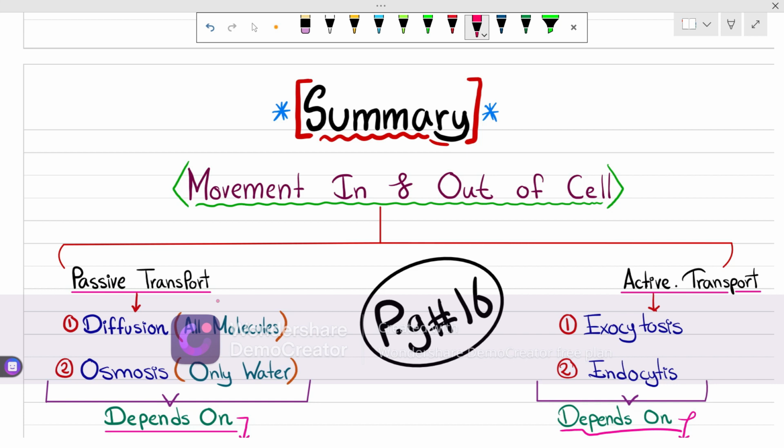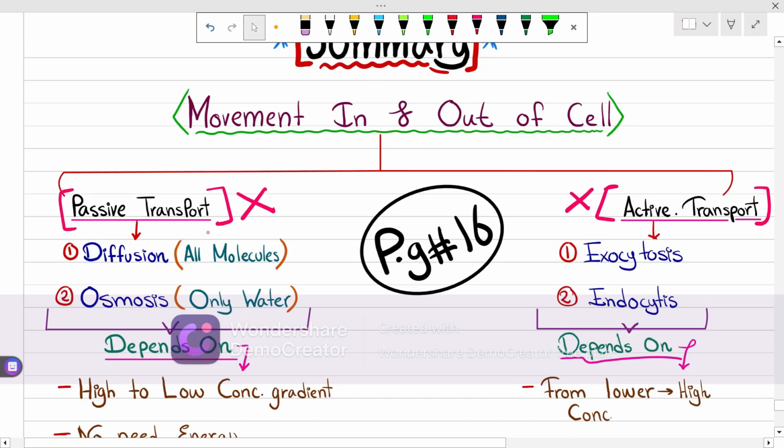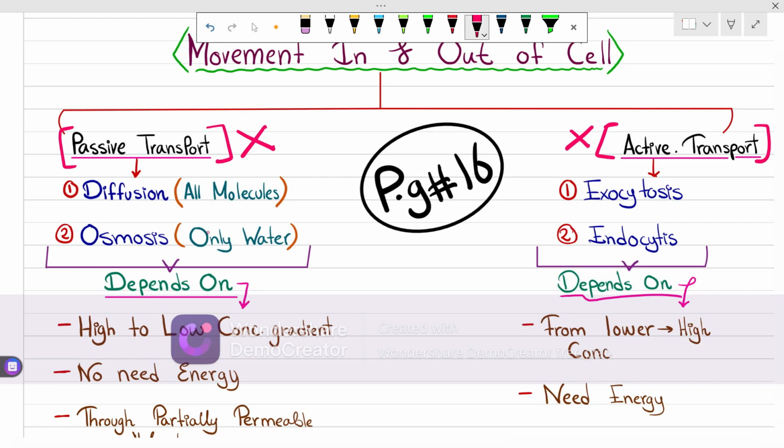A summary of passive transport and active transport. Now, passive transport and active transport, these terms are not included in our syllabus, but this is just the general term to define diffusion, osmosis, and all. In passive transport, we have diffusion and osmosis.